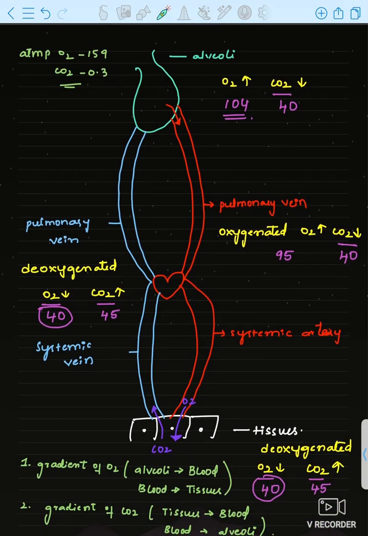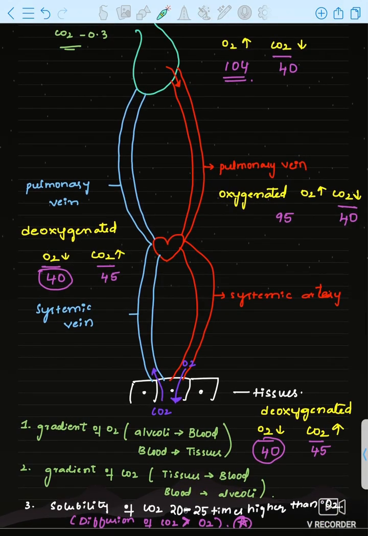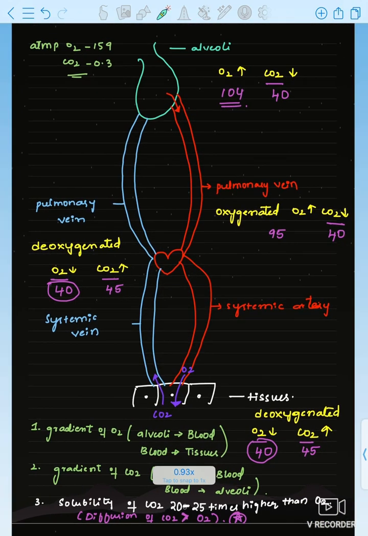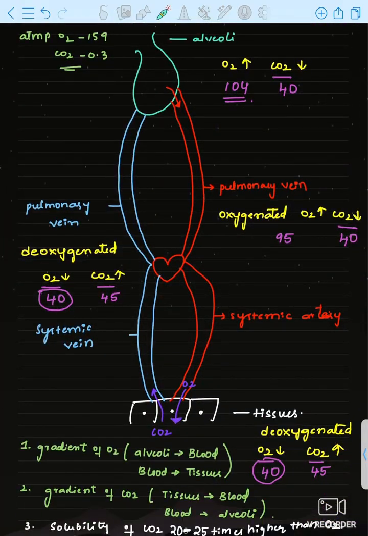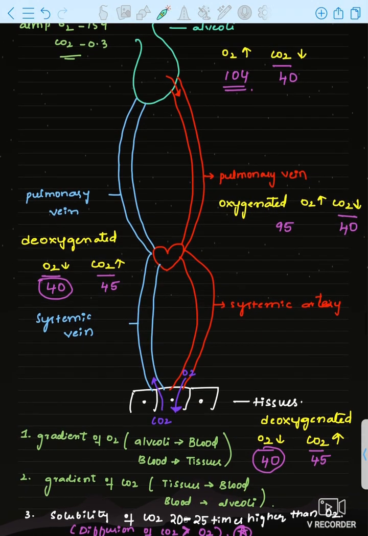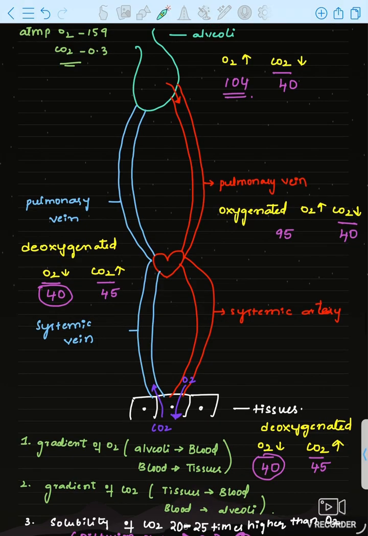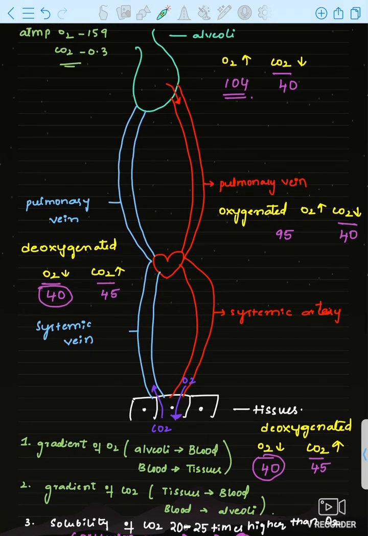Now the same thing which I discussed, how gases are getting exchanged, I explained in the third slide. I think it will become a little bit easy this time.